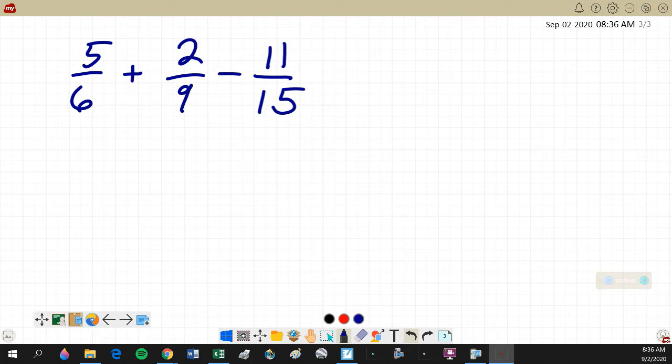So let's write out the factors. 2 times 3, 3 times 3, 3 times 5. So my common denominator has to have the largest number of each factor. So it has to have how many 2's? 1.